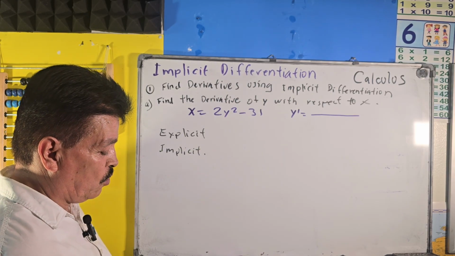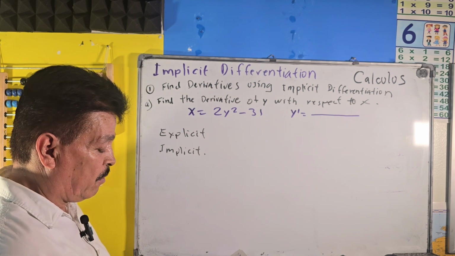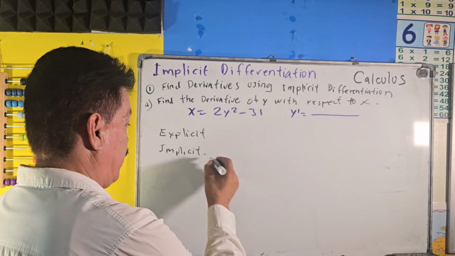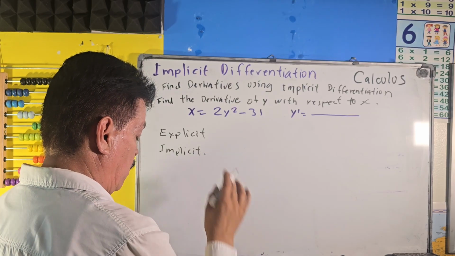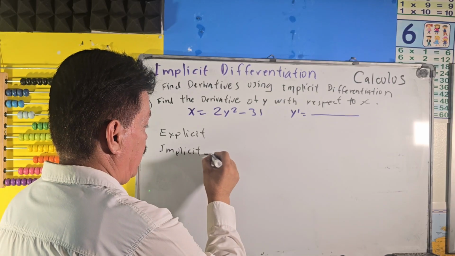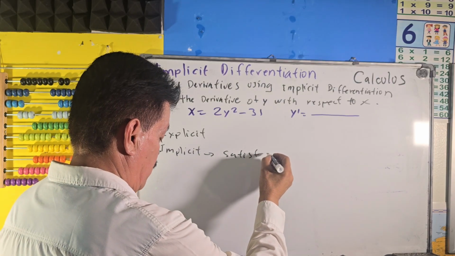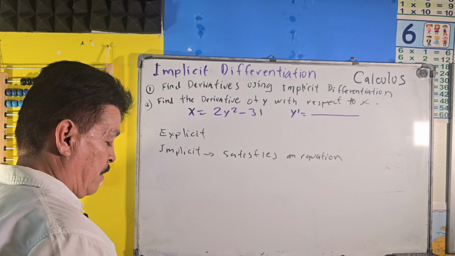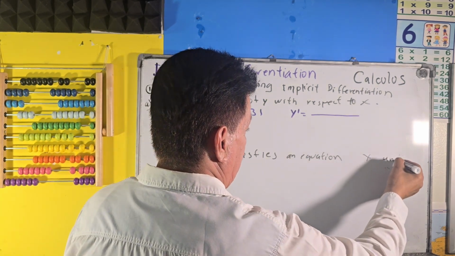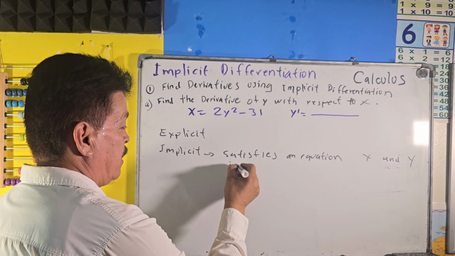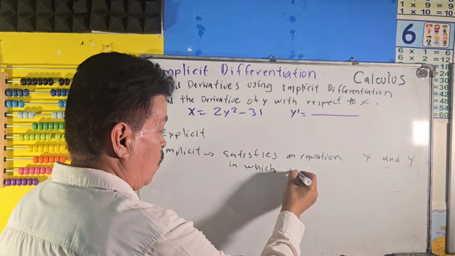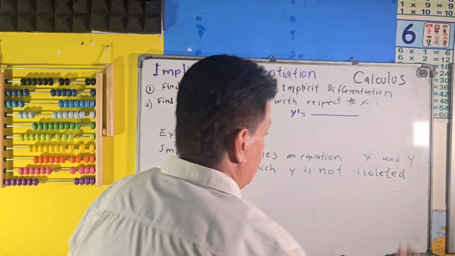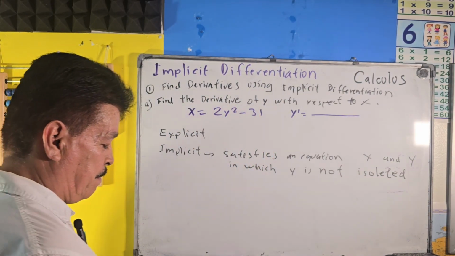An implicit function y of the variable x satisfies an equation between x and y in which y is not isolated, right? So that means implicit function.